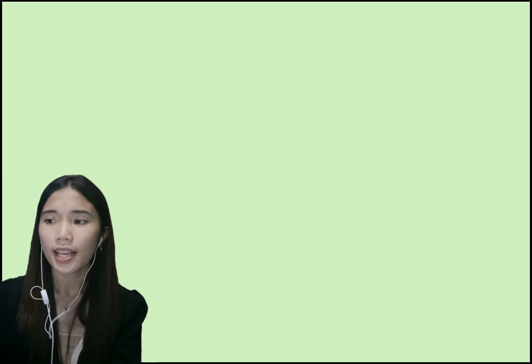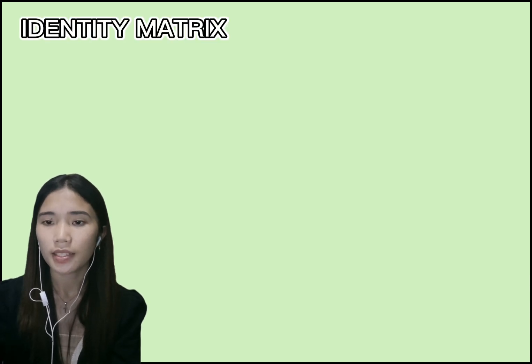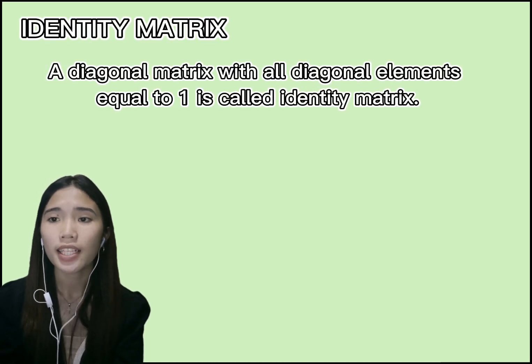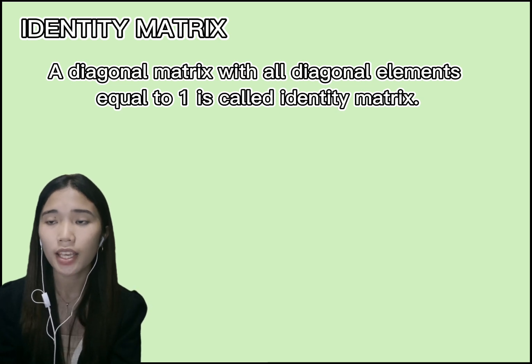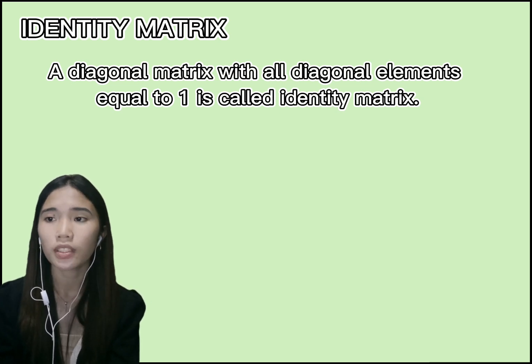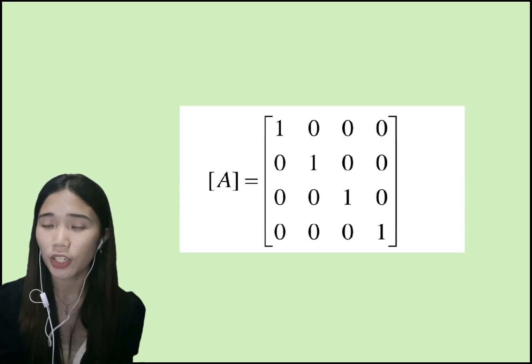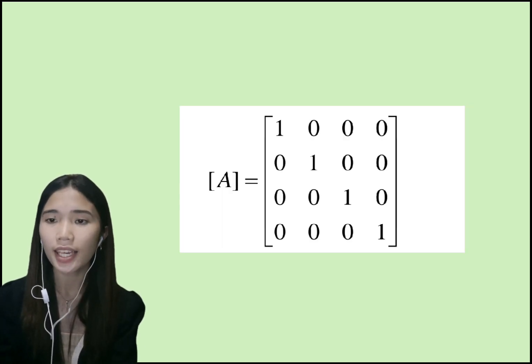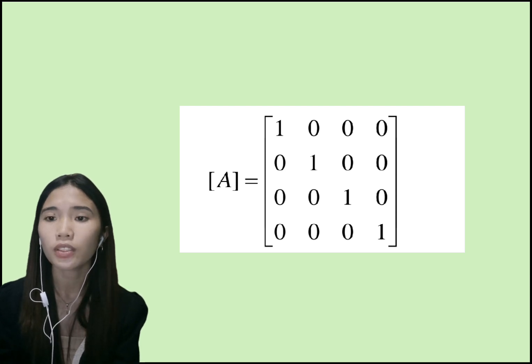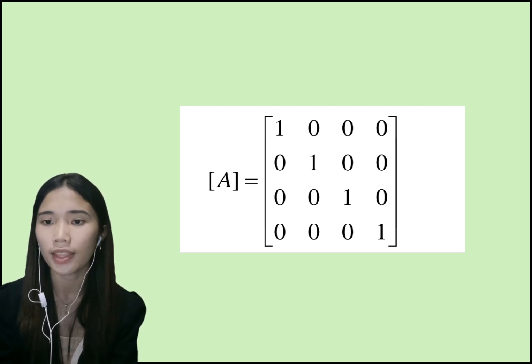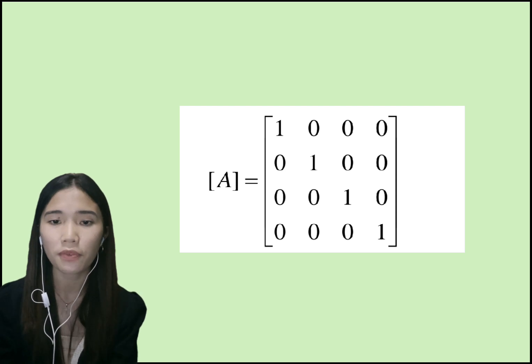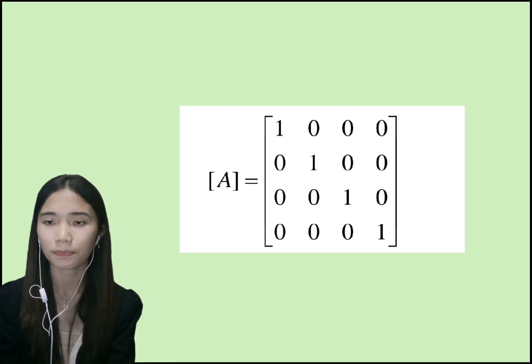Next type is identity matrix. A diagonal matrix with all diagonal elements equal to 1 is called an identity matrix. In this illustration, which is matrix A, as you can see, the diagonal elements equal to 1 are an example of identity matrix.